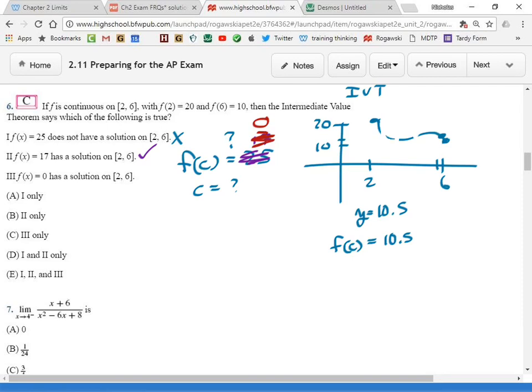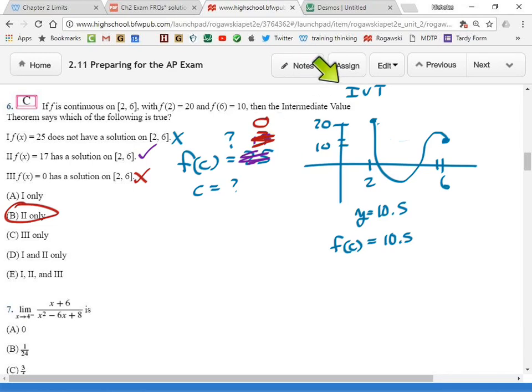I can say, this function will start at 20, end at 10, but this function actually goes like this. In this case, look, f of x equals 0 there, f of x equals 0 there. So it could be true, but do we know for sure definitively because of IVT? And the answer is no, we don't. So this is a no, so our answer is only 2.